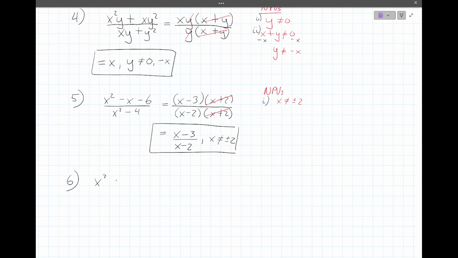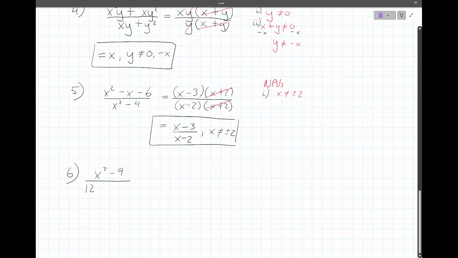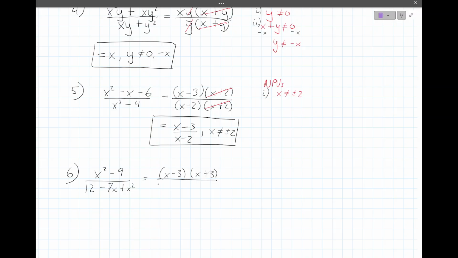We have x squared minus 9 over x squared, not x squared, 12 minus 7x plus x squared. Let's factor this. This will be x minus 3, x plus 3, and this will be 4 minus x, 3 minus x.